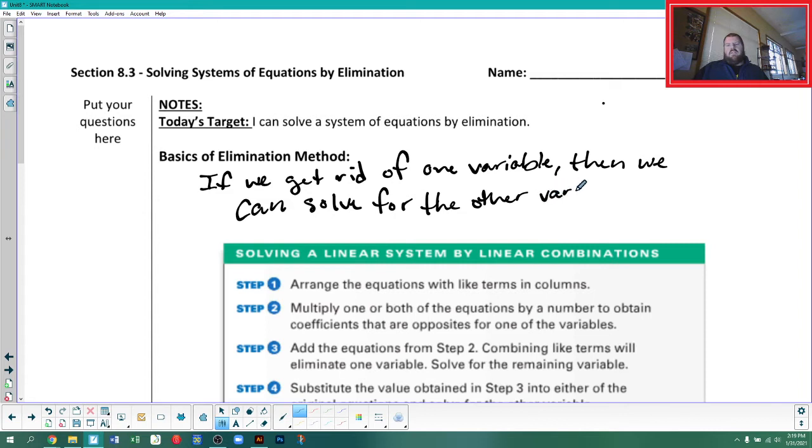And once we have that, we can then figure out our other variable as well, the one that we canceled out or got rid of.